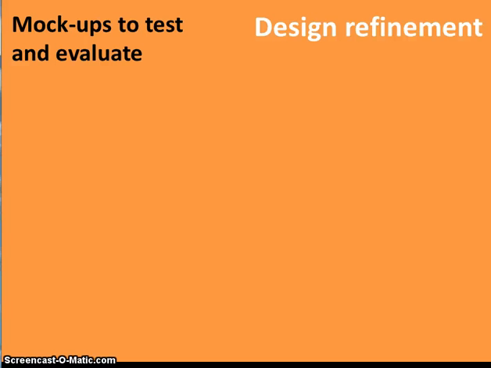So really a mock-up's like a final draft before you do your final piece, and it's a really important stage because it gives you that one last opportunity to get things right before you do your final presentation. And if you don't do the mock-up, you might end up making mistakes on your final presentation. So it just gives you that opportunity to get it right.